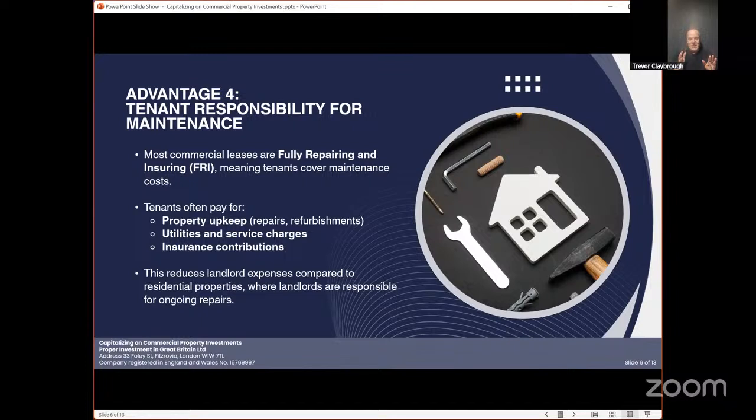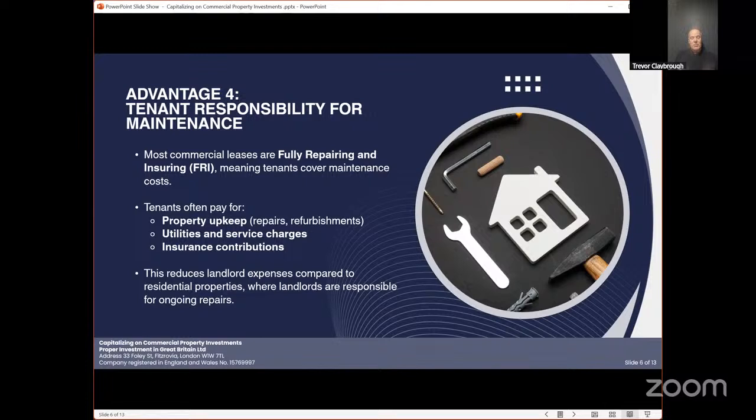Obviously, there's a precise state of the building that's recorded at the beginning and at the end of the tenancy, which could be 5 to 10 years. Sometimes it'll just keep on renewing. Then the property has to be given back in the same state, and if not, adjustments are made.